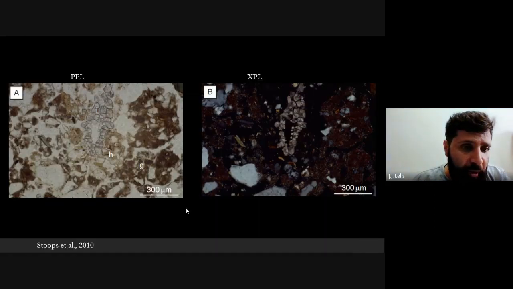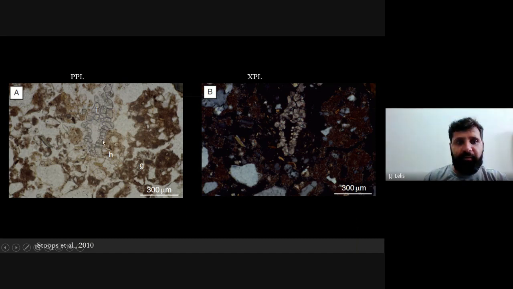We can see also the formation of some crystals infilling the voids, and according to the composition of these crystals, they very easily could tell us that we have a stagnic property or a glacial property, or some migration of specific chemical elements that induce the crystallization, the precipitation of these crystals.